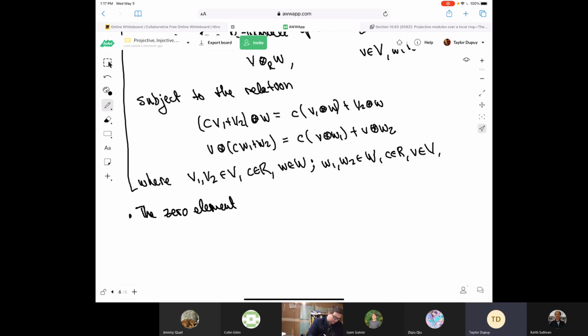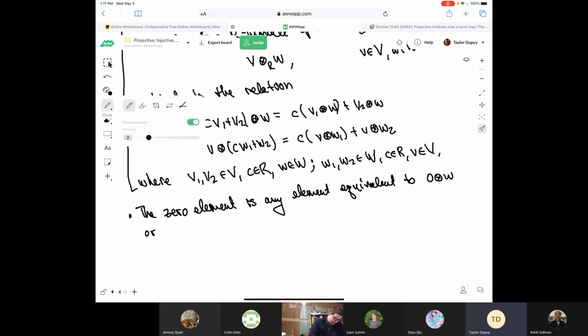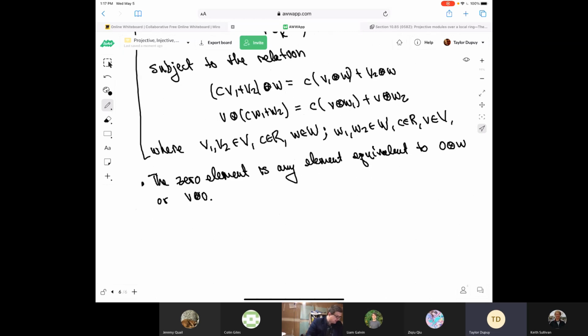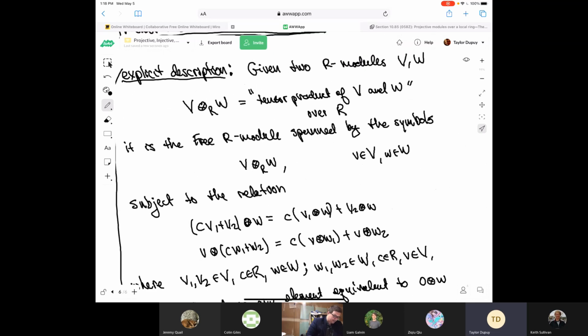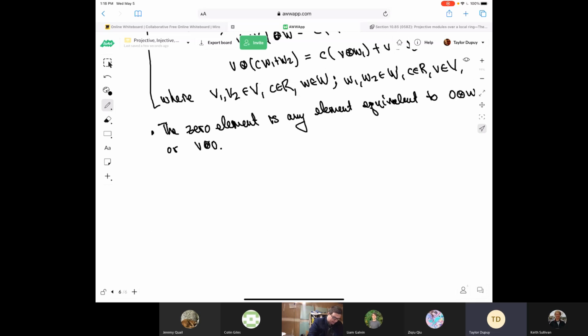This thing is an R module, and the zero element is any element equivalent to 0 tensor w or v tensor 0. Okay, so what else do I want to say about this? So what do general elements look like?